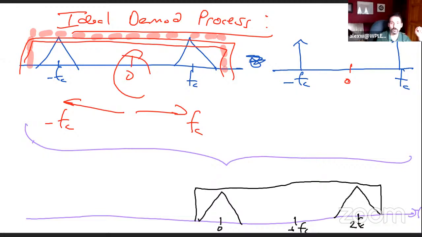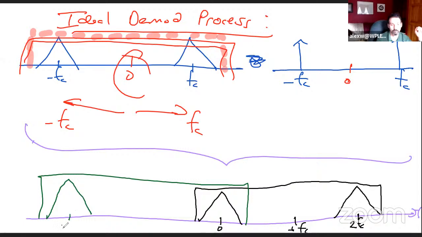Likewise, the other copy has a triangle at minus 2fc, where my entire thing that I modulated to is centered at minus fc, and another copy located at 0. Great. Then what do I do?